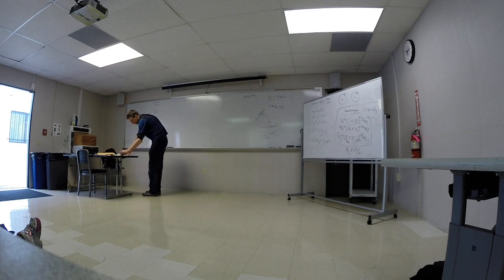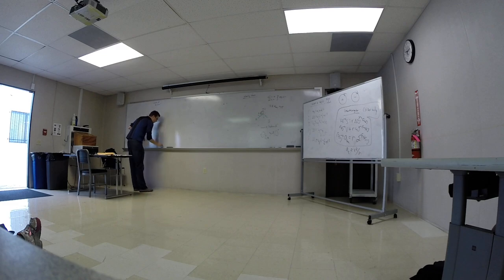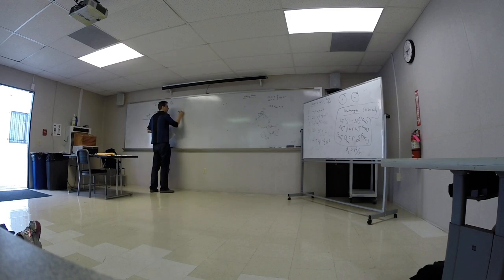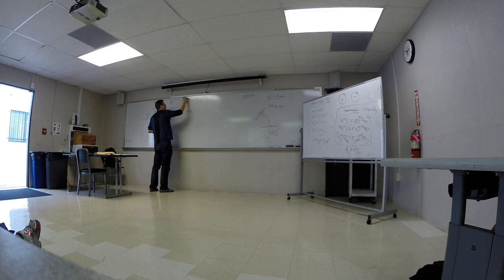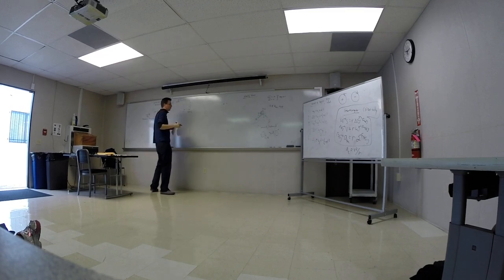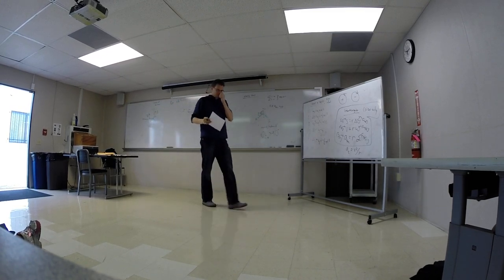Here's my example. So I'm going to have a top view of a car. That car is going to be initially going at 20 meters per second. It's going to go around a turn while braking, such that by the time it's finished a half circle, it's only going 5 meters per second.